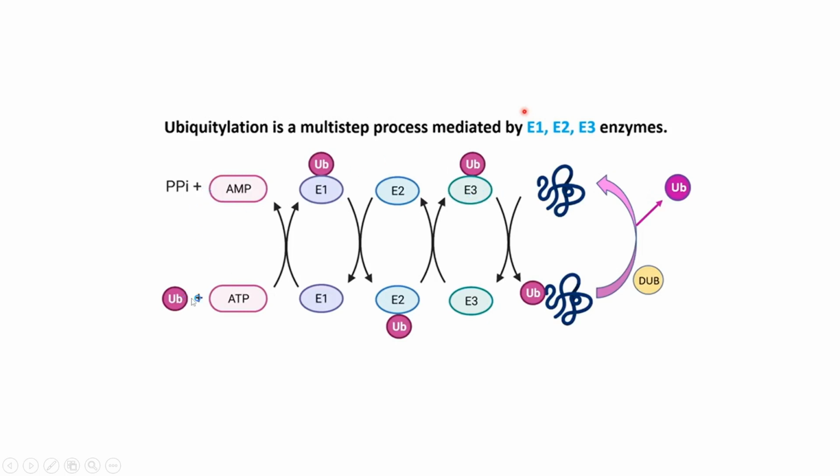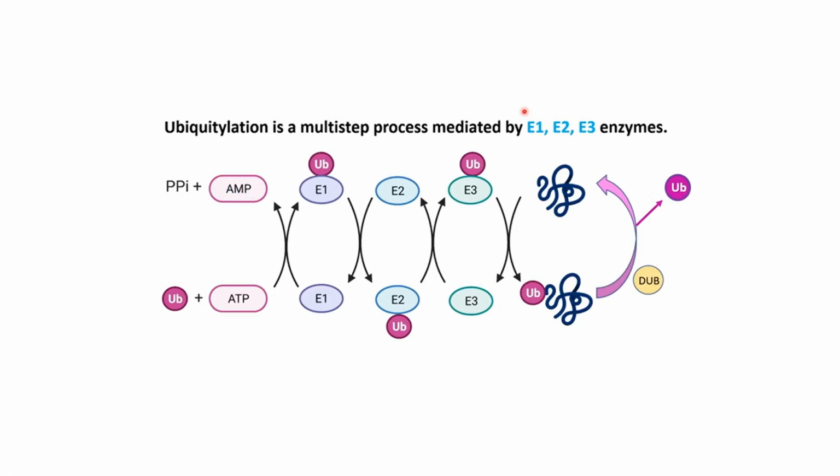So ubiquitin with ATP binds to this ubiquitin activating enzyme, and with the help of ATP, the enzyme will bind the ubiquitin molecule, and pyrophosphate and AMP, adenosine monophosphate, will be released.